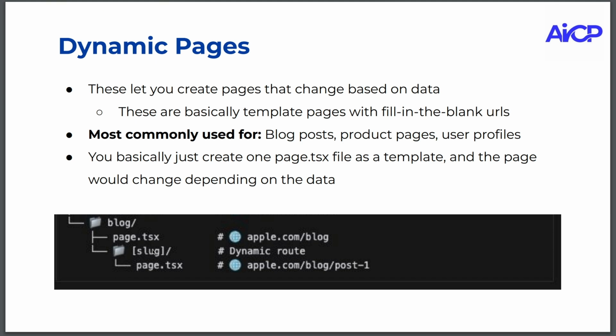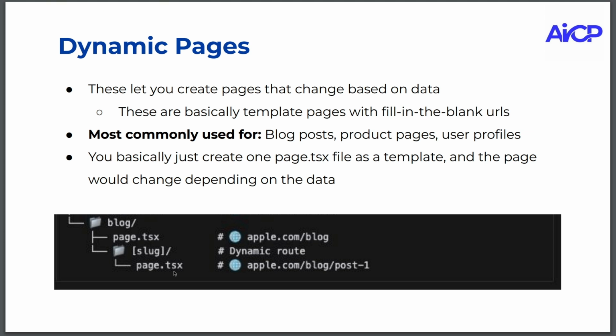So again, if you have multiple blog posts, but they all share the same structure, all you need is this one dynamic root and then one page.tsx file. And then the page.tsx file would have its content change based on the parameters that are being passed. So again, great for blogs, user profiles, and just different products if you have an e-commerce site.